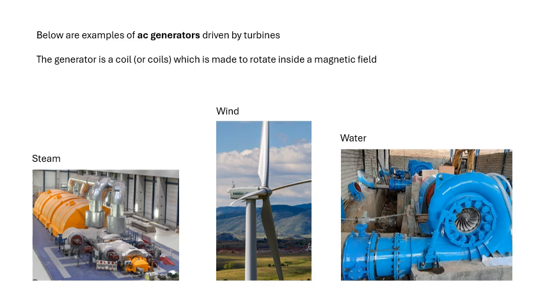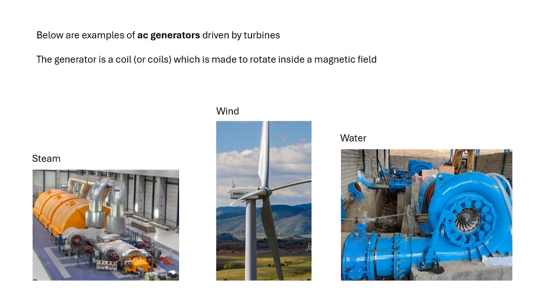So that was an AC generator. We are generating an AC voltage. In these examples here, there is a turbine, and that turbine is making an AC generator go around. In that AC generator, there is a coil which is rotating inside a magnetic field. It might actually be a magnet rotating inside some coils.